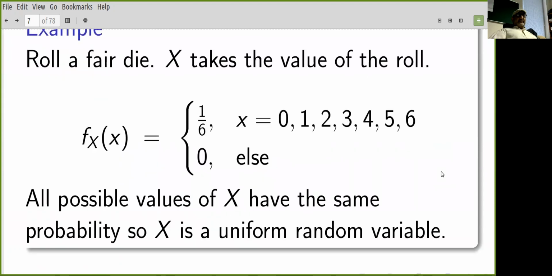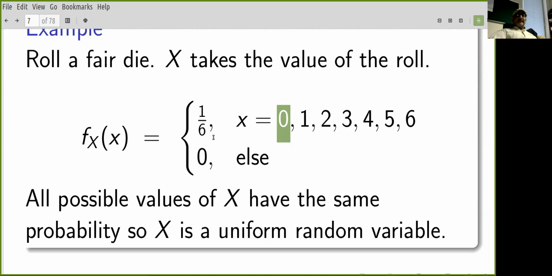How about we have a fair die. X takes the value of the roll. Oops, I made a mistake. You can't roll a 0. So take that out. So x takes the value of the roll. f sub x of x is equal to, what's the probability of the value of x being 1, 2, 3, 4, 5, 6?